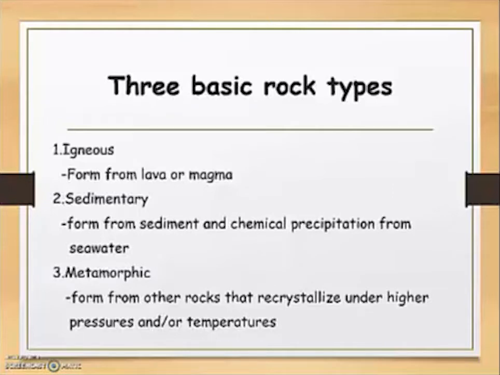Firstly is igneous rock. This rock is formed from cooled lava or magma. Secondly is sedimentary rock, which is formed from sediment and chemical precipitation from seawater. And lastly is metamorphic rock, which forms from other rocks that recrystallize under higher pressures or temperatures.